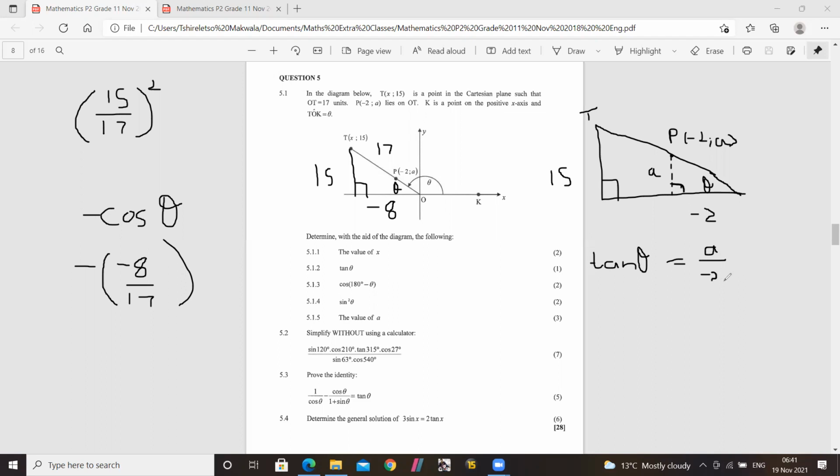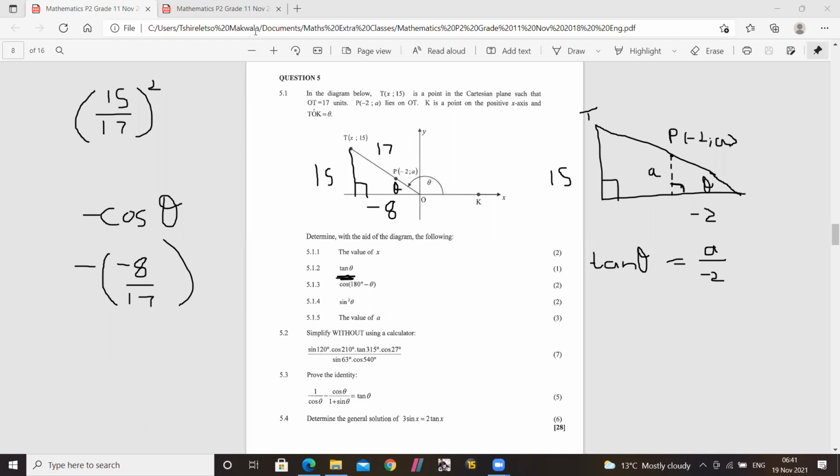That's tan theta. But don't forget, we also calculated tan theta here. Because we are using the same theta, this tan theta and this tan theta must be the same. So you're going to equate this with the tan theta that you got here.